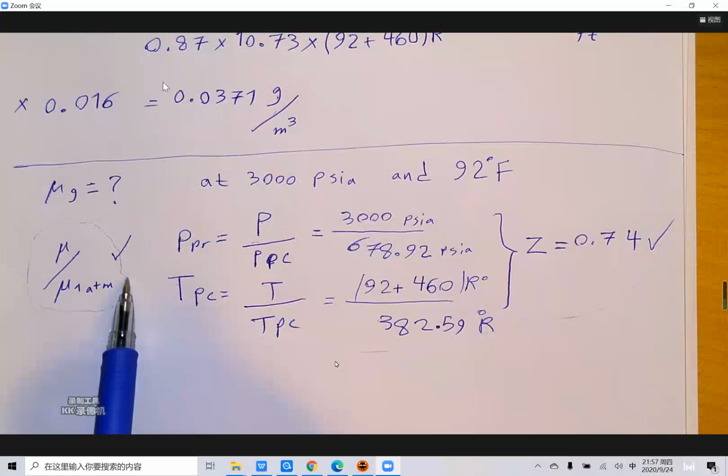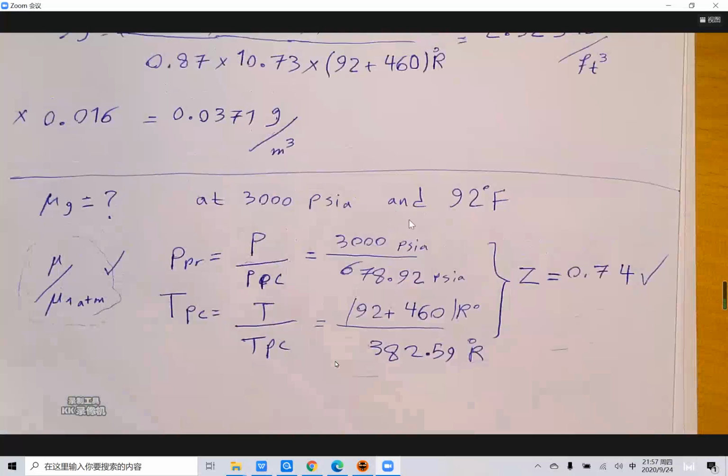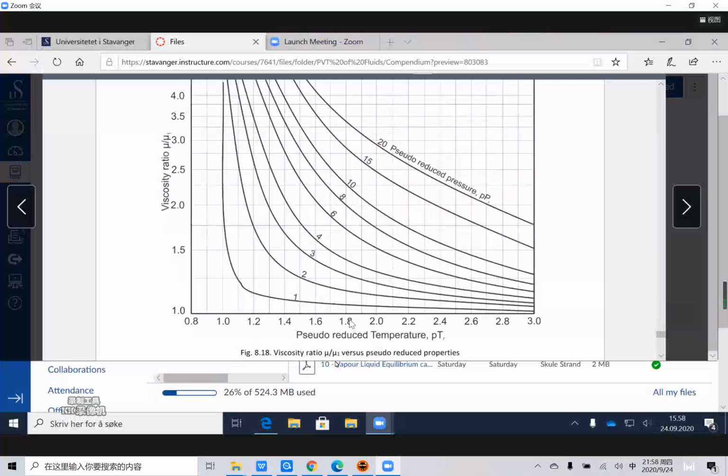I can again show you the figure. Yeah, this one. We found the pseudo-reduced temperature here, and we found the pseudo-reduced pressure. So easily you can find this ratio.